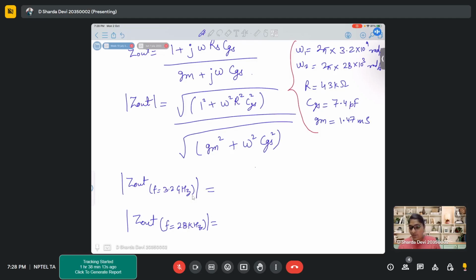What is the value of Z out for the first?